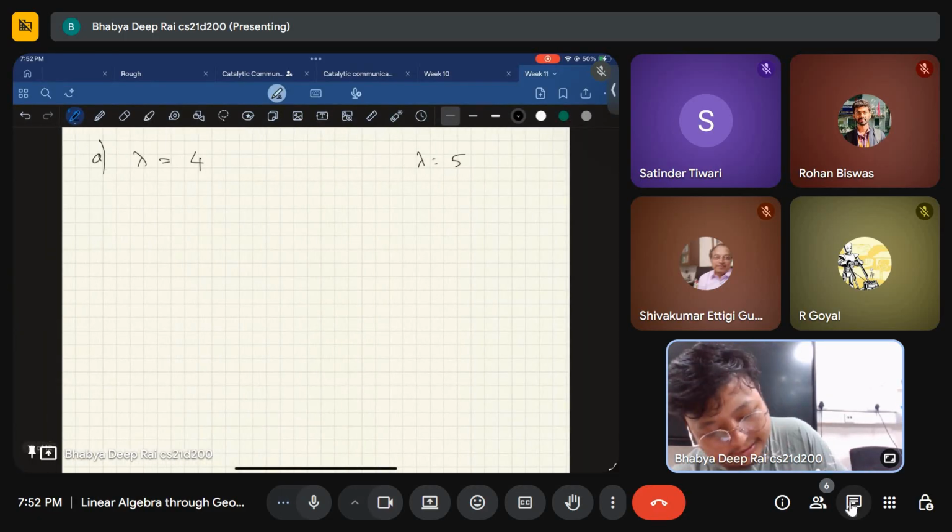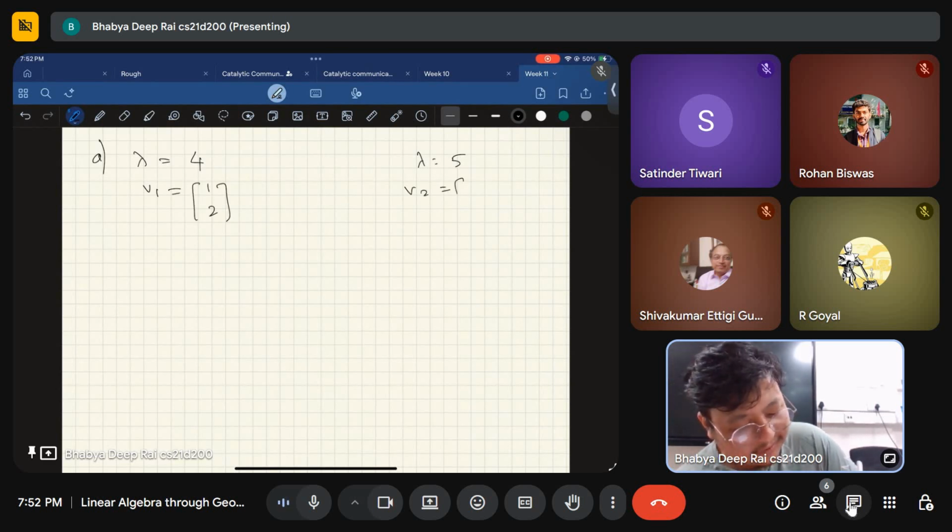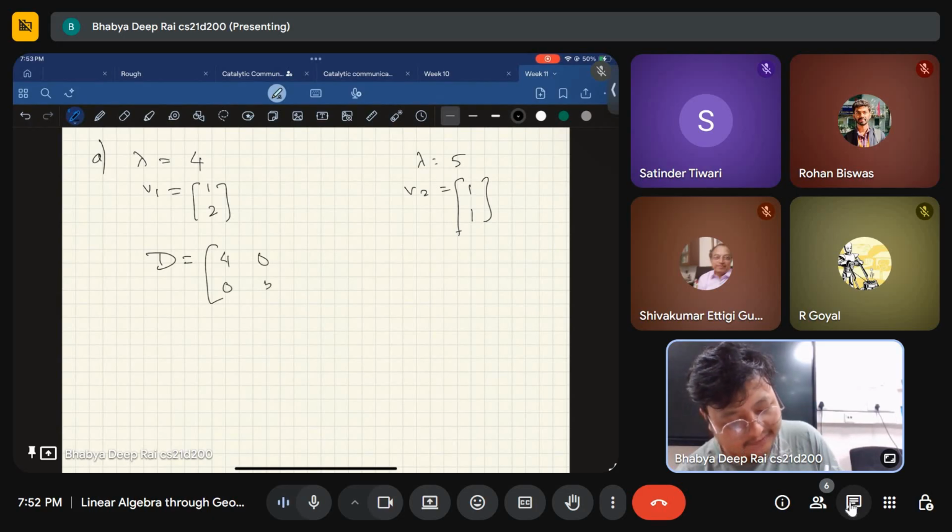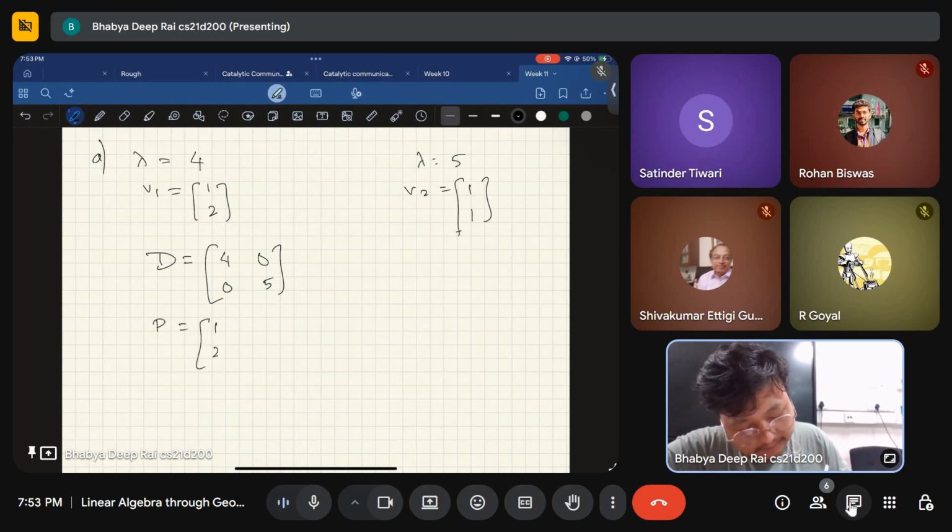Eigenvectors are v1 equals 1, 2 and v2 equals 1, 1. What you need to do is the diagonal matrix is 4, 0, 0, 5, and P is 1, 2.